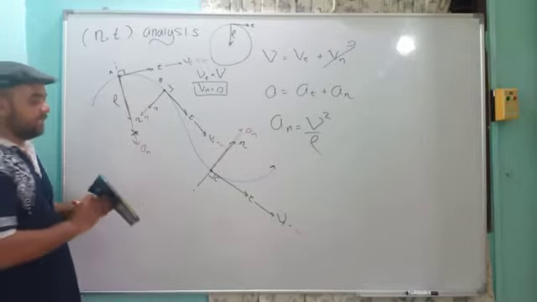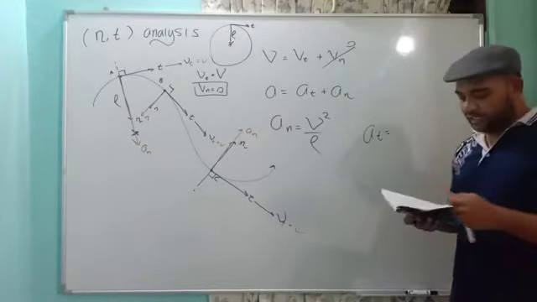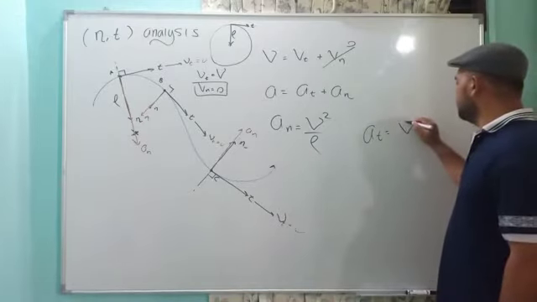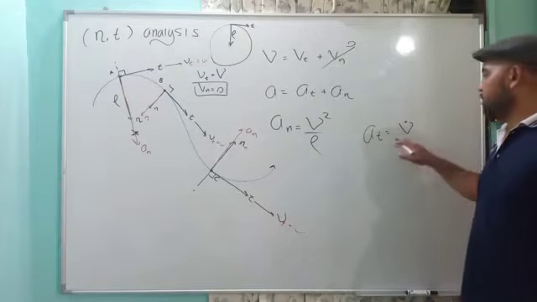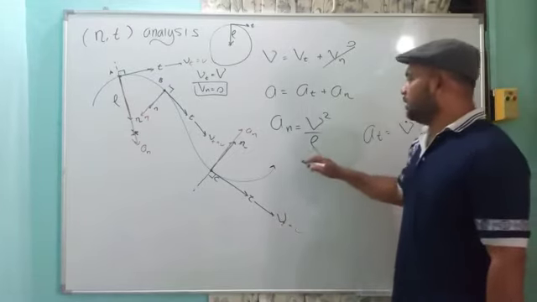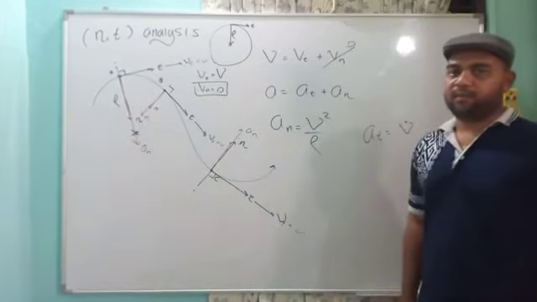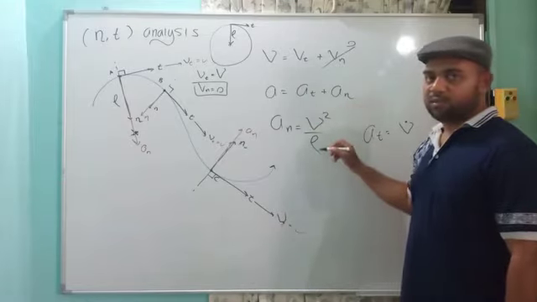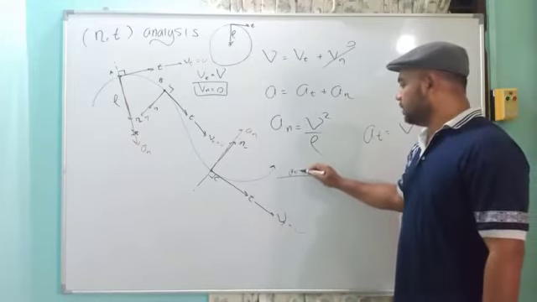The second one is A tangent. A tangent is the rate of change of speed, so it is the V dot, same as in rectilinear motion. As long as the component moves along a curve, we will have A normal, unless V is 0, so A normal equals 0. If the component is moving on a straight line, A normal equals 0.